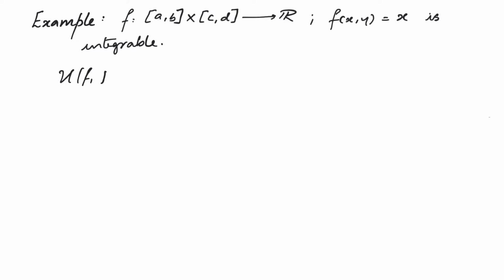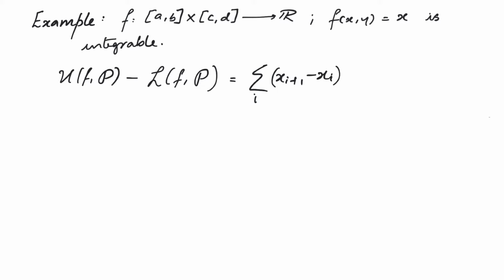Therefore, if you take the difference between the upper sum and the lower sum, UFP minus LFP, that will be equal to summation over i of (xi+1 minus xi) into (xi+1 minus xi) into (d minus c).